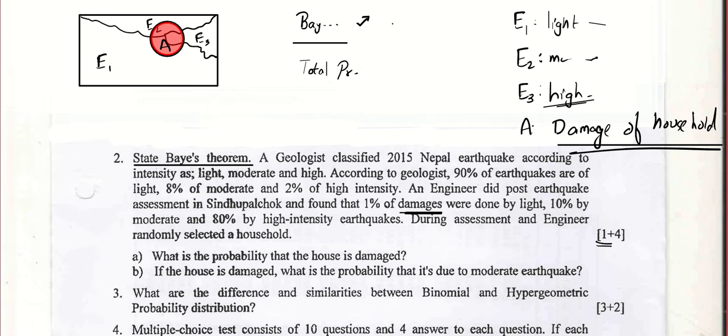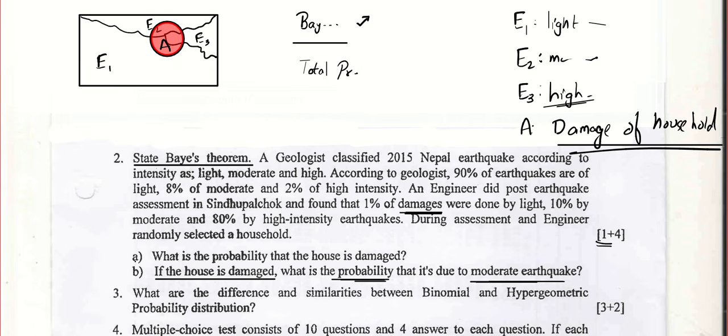Read the second part: if a house is damaged, what is the probability it is because of a moderate earthquake? They want to put the blame on a particular event, moderate earthquake. So this is a specific question.